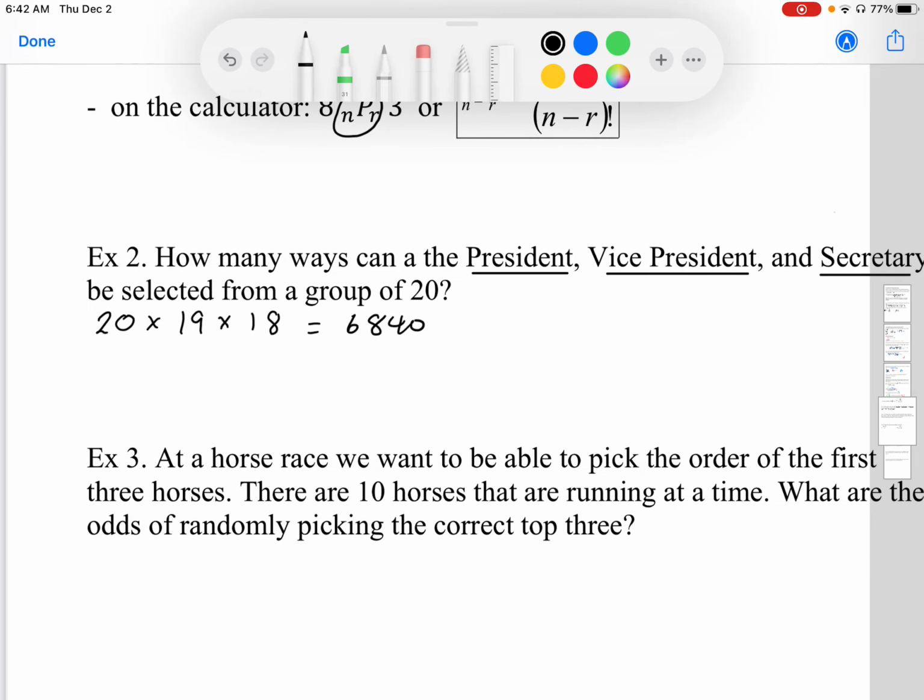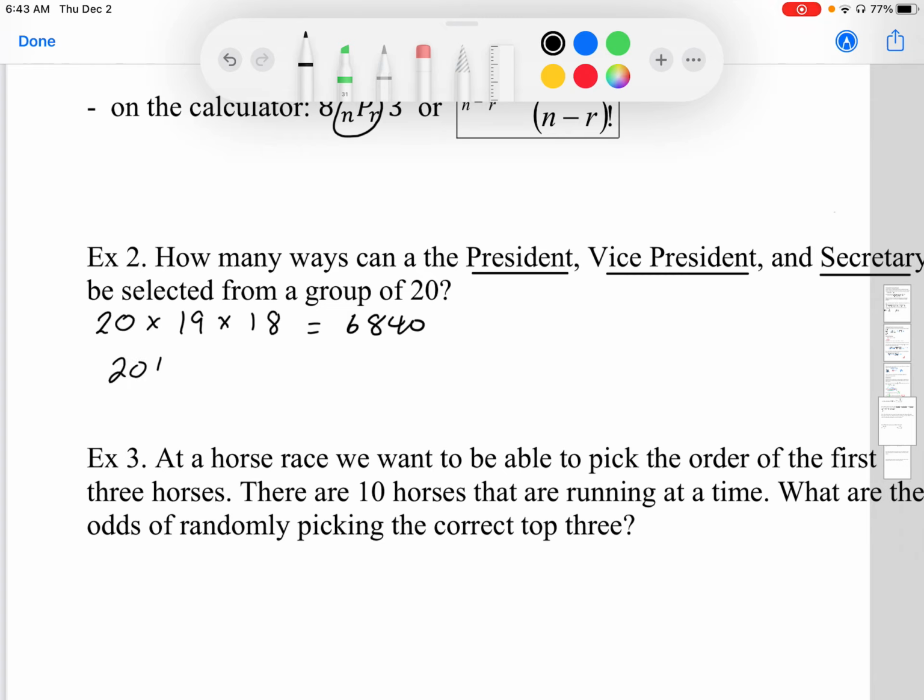Okay, so we can do this, and anytime there's descending multiplication, really this is a situation where we have NPR and order matters. The descending multiplication counts combinations where order matters. So we could also use a formula.